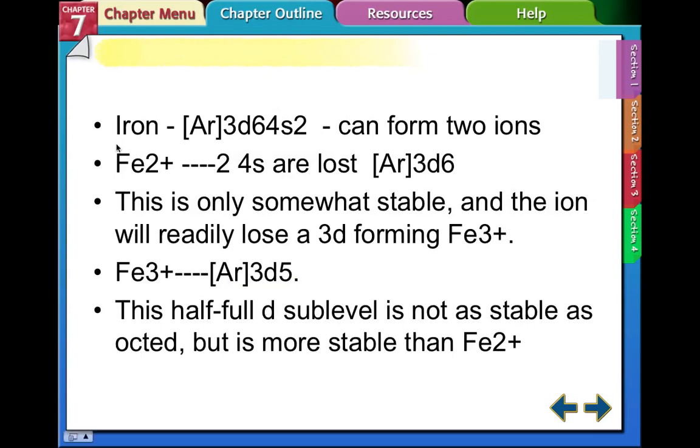You can see here that iron can form 2 separate ions. So here's its configuration. And it can form either a +2 or a +3. And we're going to work with this more so that you will be able to understand. So realize that the transition elements can form more than one ion, and I'm going to give you a list of those.